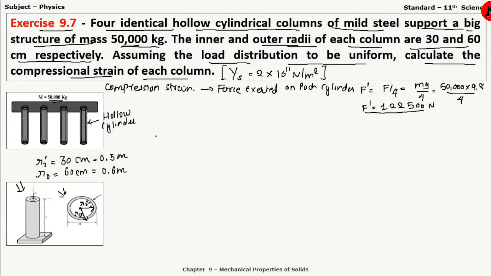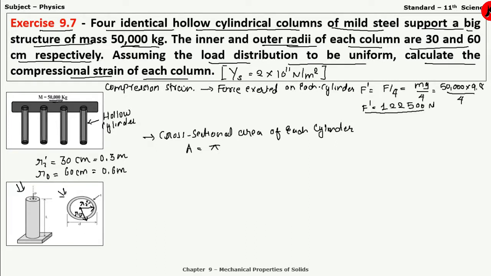Now calculate the cross sectional area of each cylinder. The cross sectional area is given by A. Keep in mind this cylinder is a hollow cylinder, so we can't use the equation pi r square.